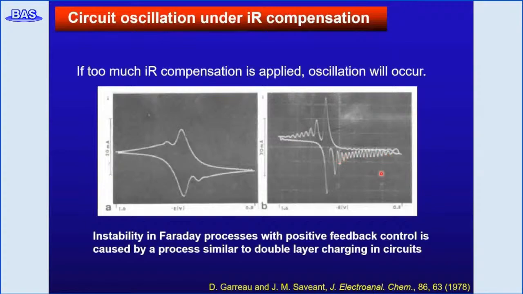So the instability in the Faradaic process with positive feedback control is caused by a process similar to double-layer charging in the circuit.